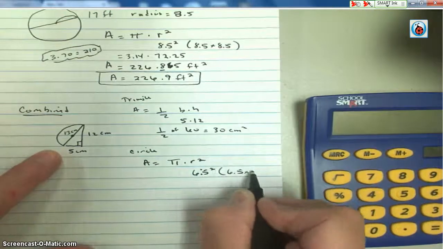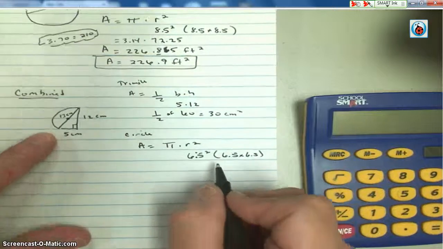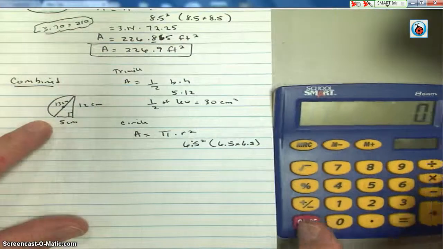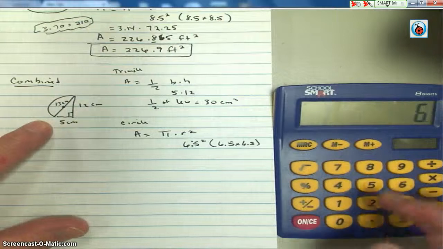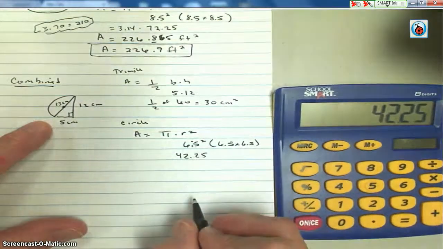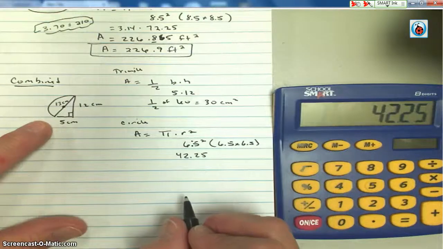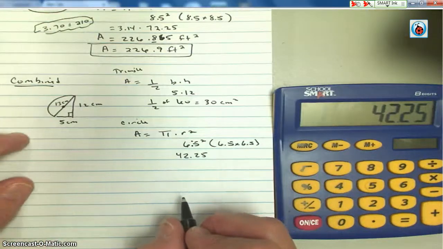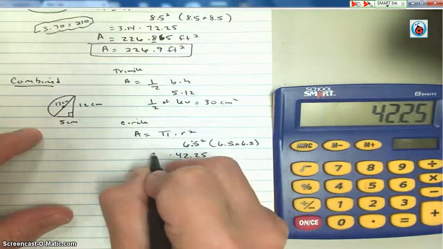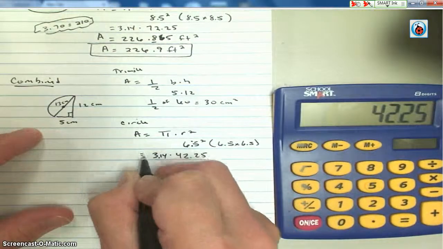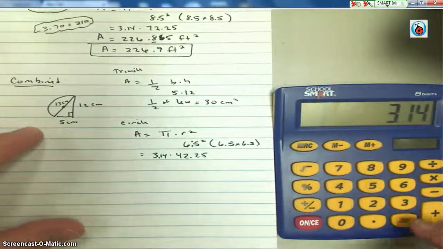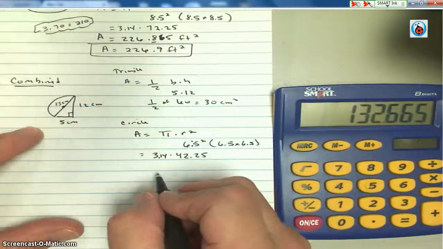So 6.5 times 6.5 is going to be equal to, and again, calculate this out, 42.25. Again, please stop and pause the video and give yourself time to work. And we're going to multiply that times, of course, pi, 3.14.